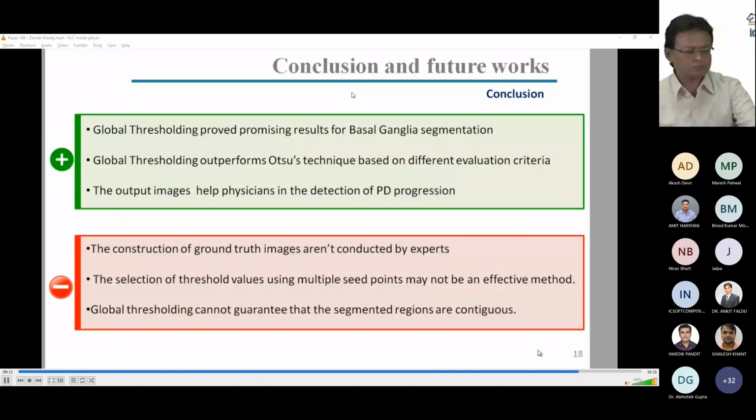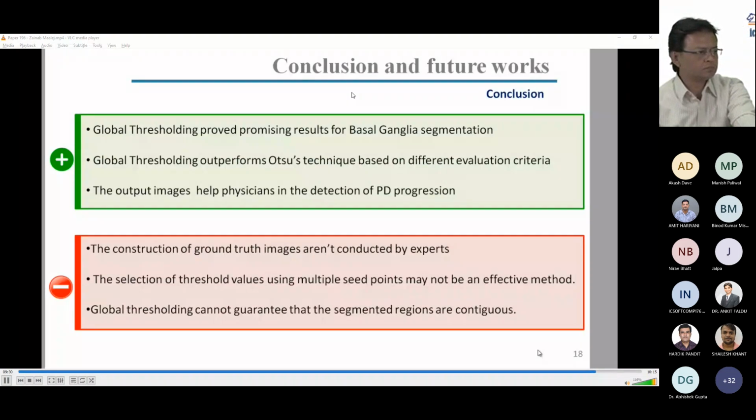To conclude, we validate that our proposal that focuses on global thresholding proved promising results for basal ganglia segmentation and outperforms Otsu's technique. The output images help physicians in the detection of Parkinson's disease progression.